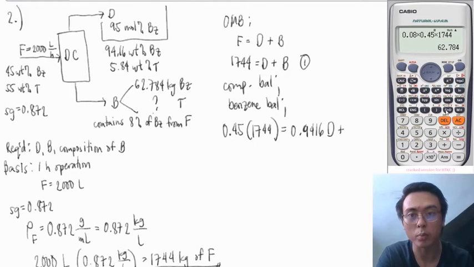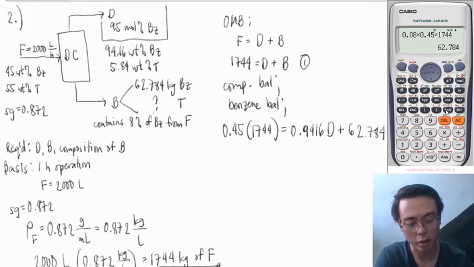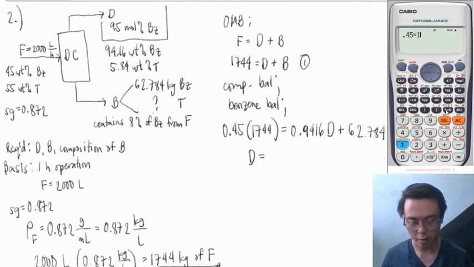That is the 62.784. So in our benzene balance, we only have one unknown or one variable, which is D, which we can solve from here now. Solving for D, we have 0.45 times 1744 minus 62.784, divided by 0.9416.